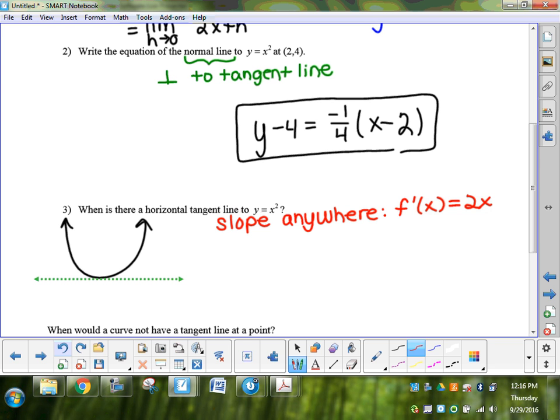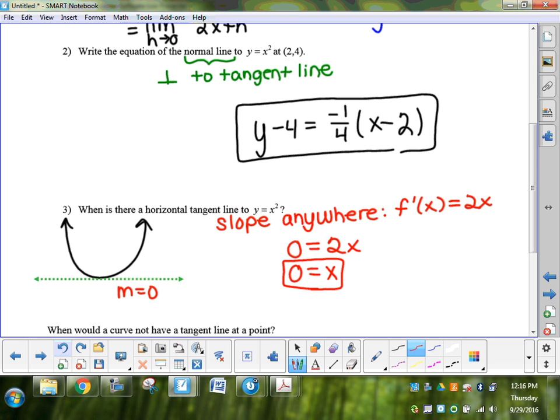We're trying to find where the slope is equal to 0, because we would know that this has a slope value of 0. So we'd say 0 is equal to 2x. We'd set our derivative equal to 0. That's going to give you everywhere that the graph has a horizontal line of tangency, which is a huge thing because maxes and mins have that. You need to know this to figure out your local maxes and your local mins. Divide both sides by 2, you get 0 is equal to x.